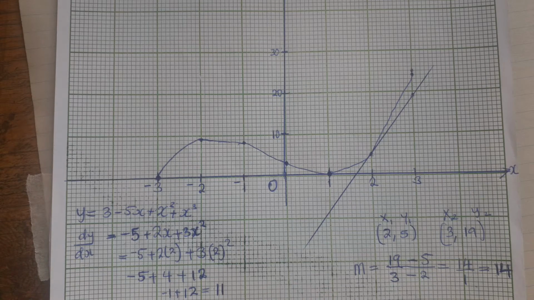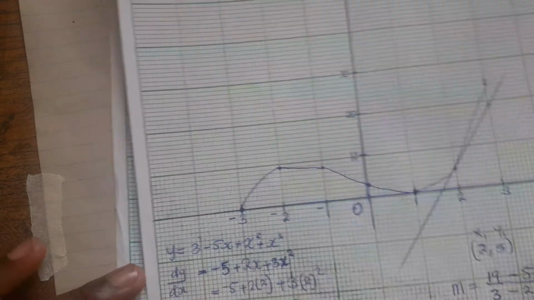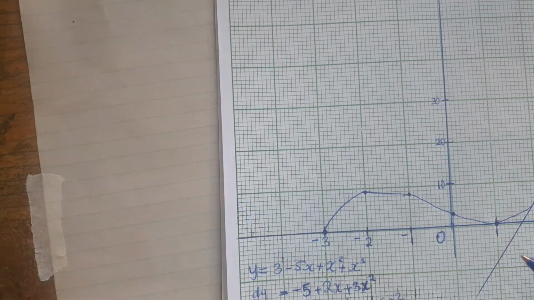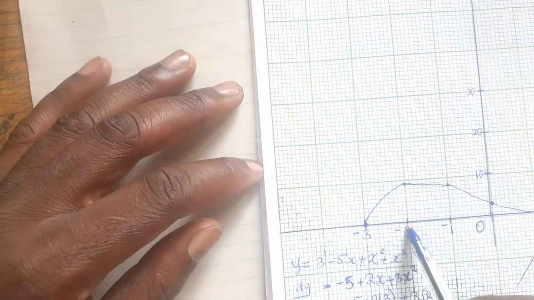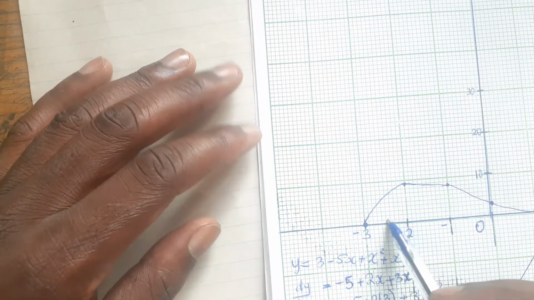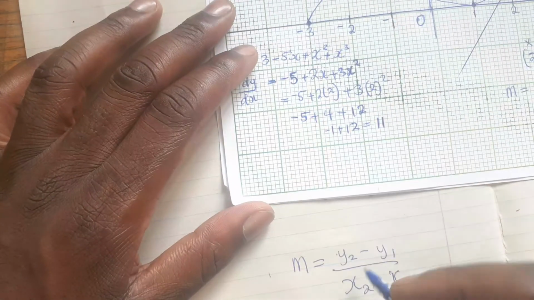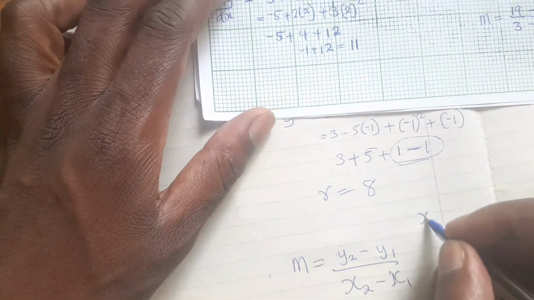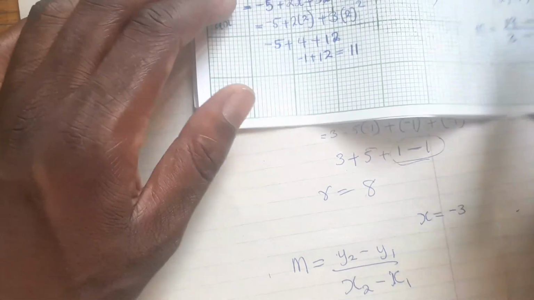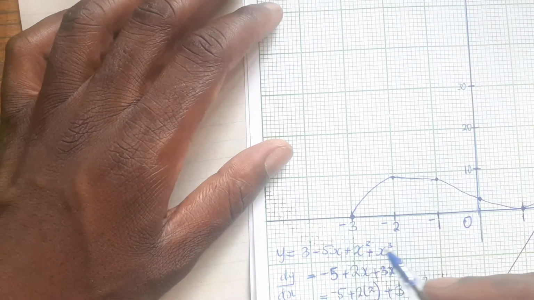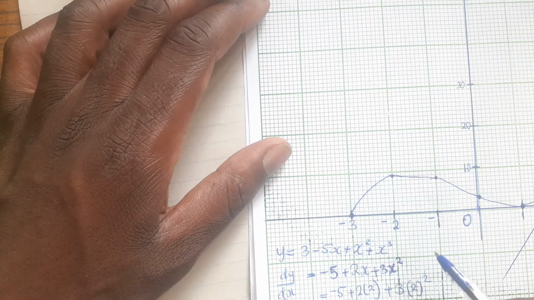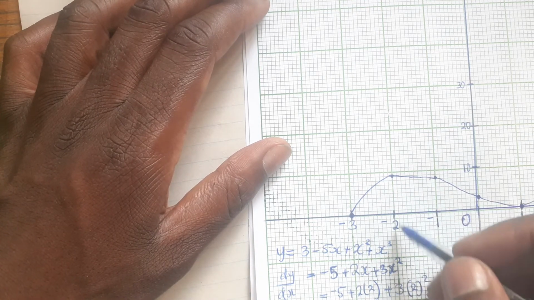This is what we are looking at. They have given us that x is equals to -3 here, and they have also said x is equals to -2 here.